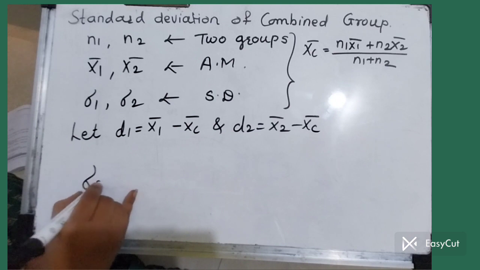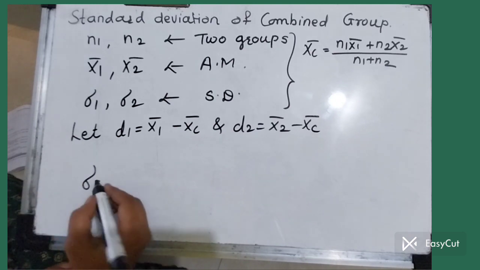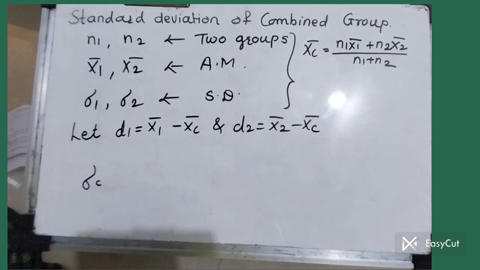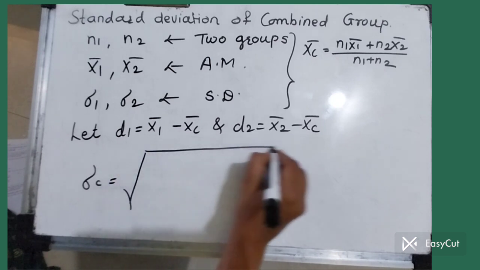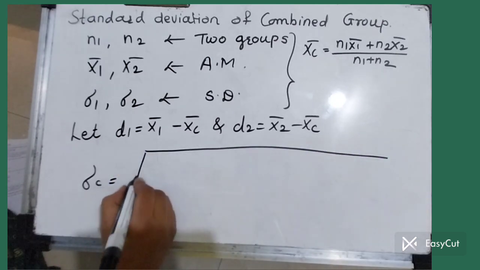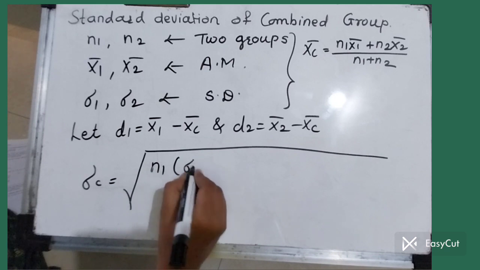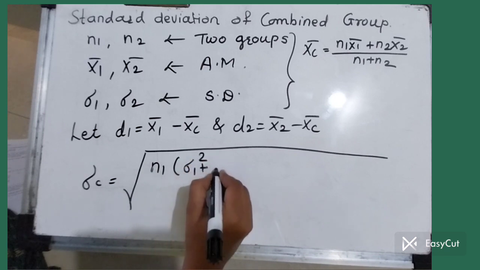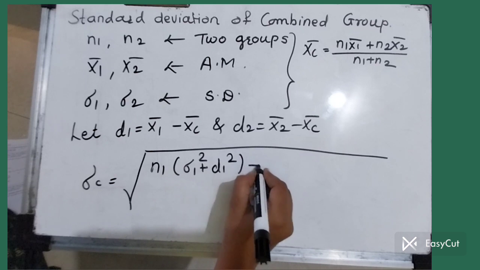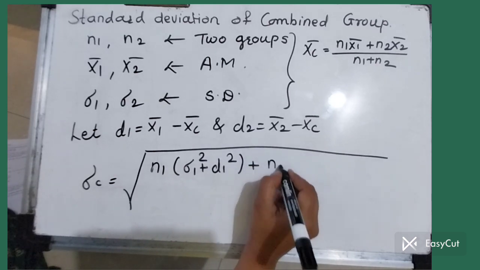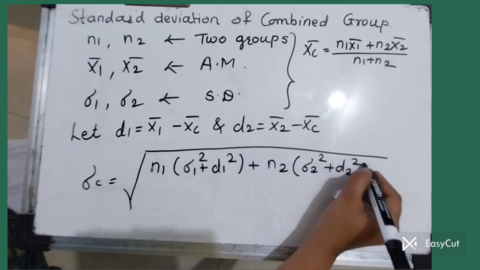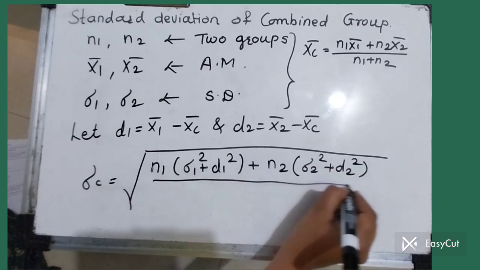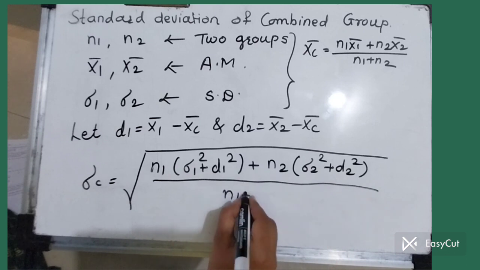And the formula for standard deviation of combined group is under root n1 into bracket sigma 1 square plus d1 square plus n2 into bracket sigma 2 square plus d2 square, whole divided by n1 plus n2.